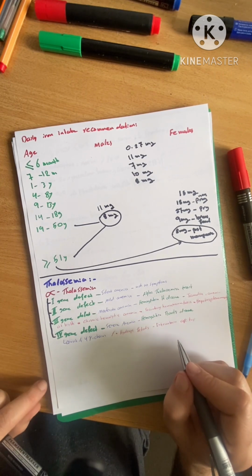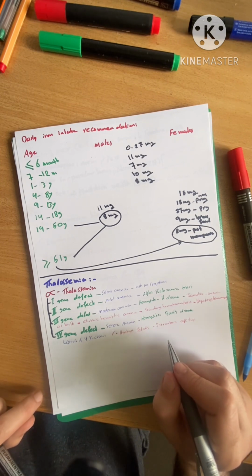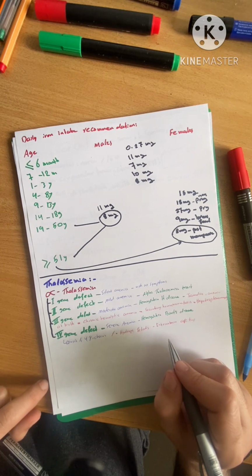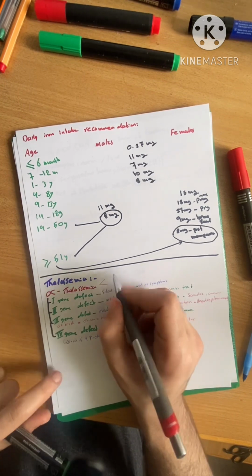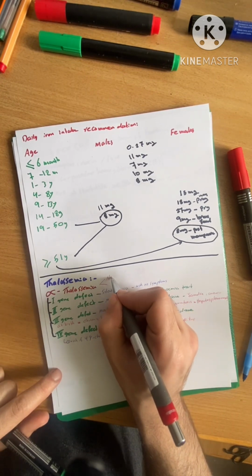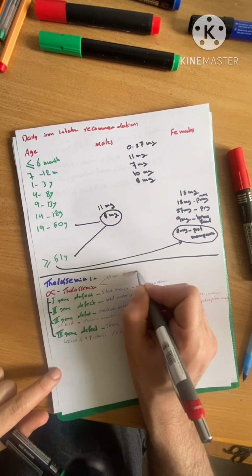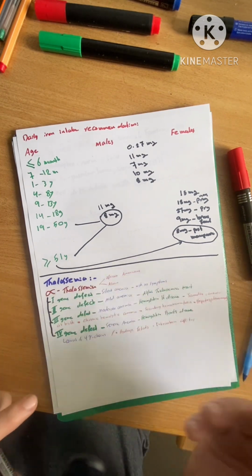Yeah, that was for the alpha type of thalassemia. Alpha thalassemia is also, let me say, seen in Africans, Americans, and Asian countries.